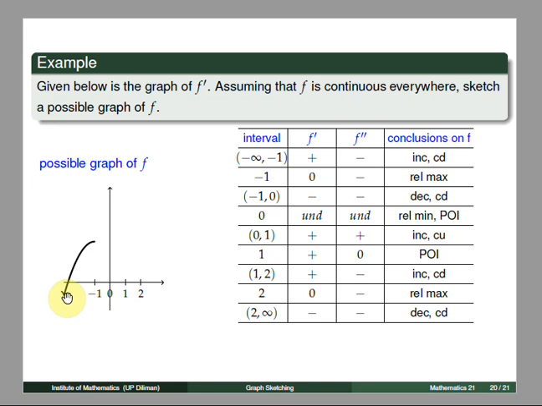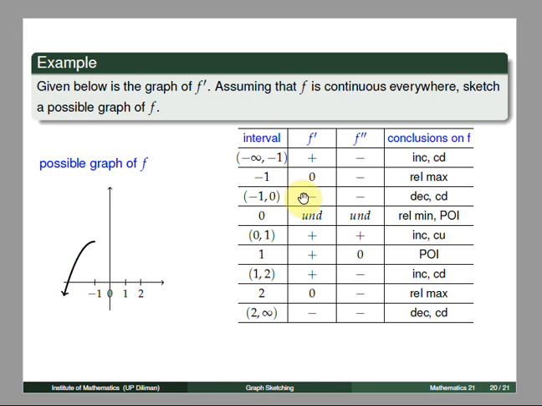You might wonder, this is just a possible graph of your function. So this part can be below the x-axis. But since we only want a possible graph, this can suffice. So we just graph it above the x-axis. But the main thing here is we need to preserve the behavior of increasing, concave down.